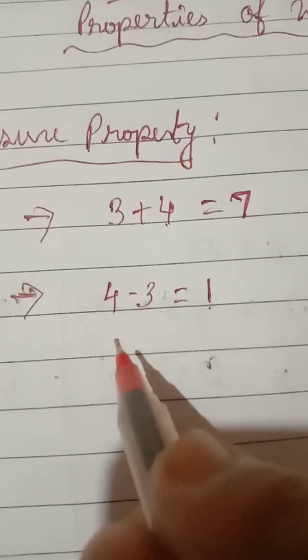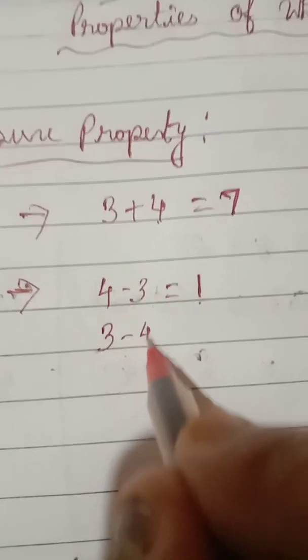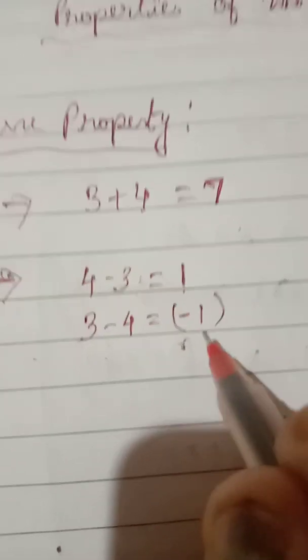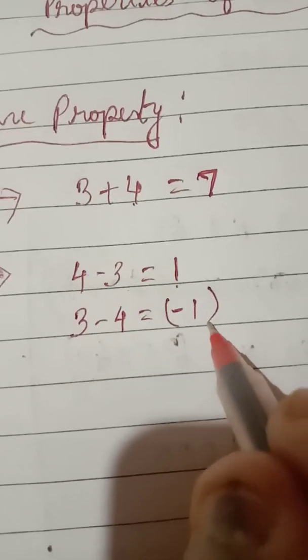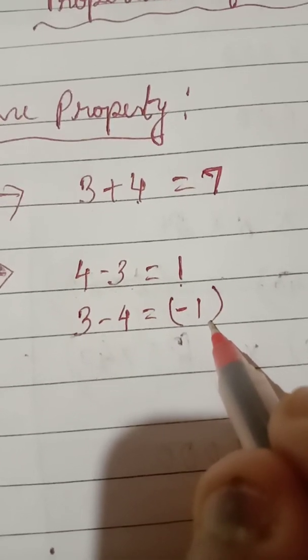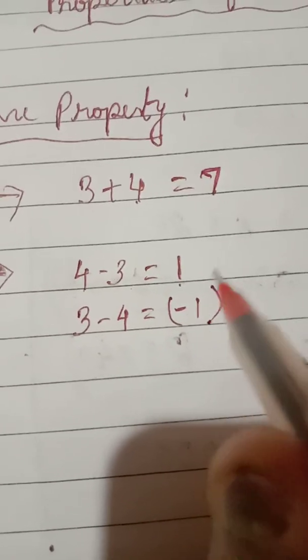But if I do 3 minus 4, the answer will be minus 1. It's not a whole number. Minus 1 is an integer. We will discuss integers in lesson number 6 afterwards.